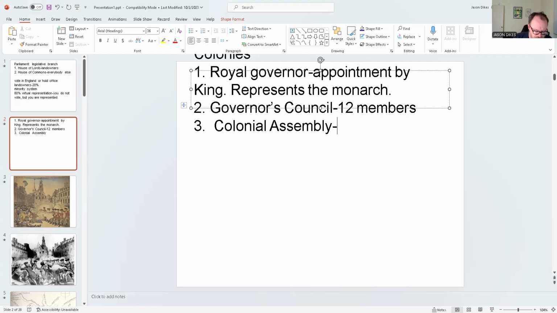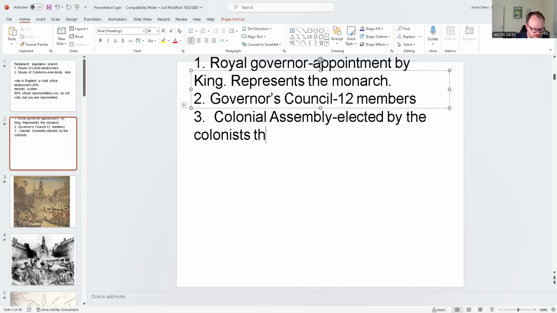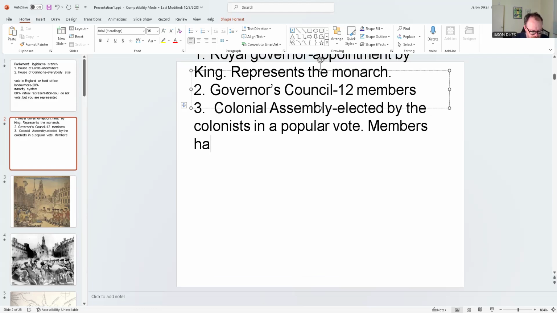The colonial assembly was elected by the colonists in a popular vote. And if you wanted to serve in the colonial assembly, you also had to be a landowner.